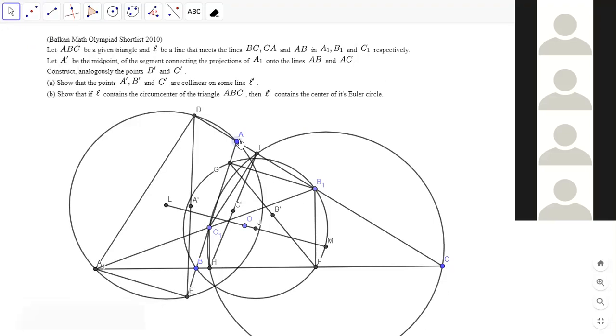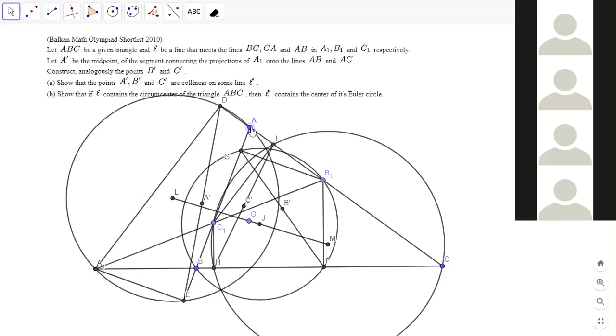So wait, these 2 points shouldn't be exactly the same, should they?